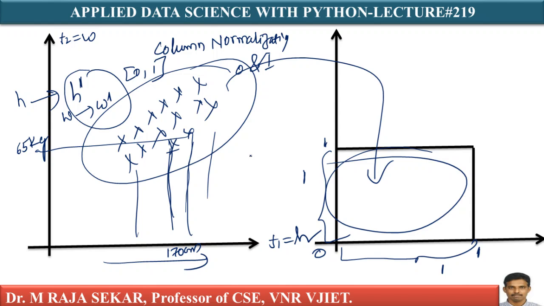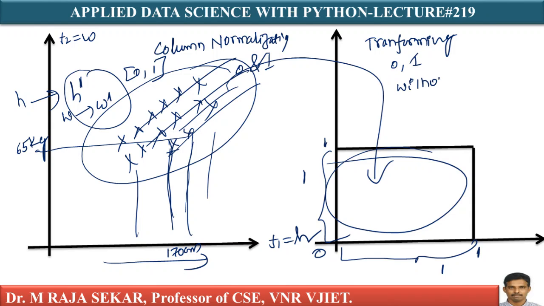I am taking this data and squishing this data without spoiling the relationship. I'm squishing this data in the range in between 0 and 1 without spoiling the relationship. That is important.